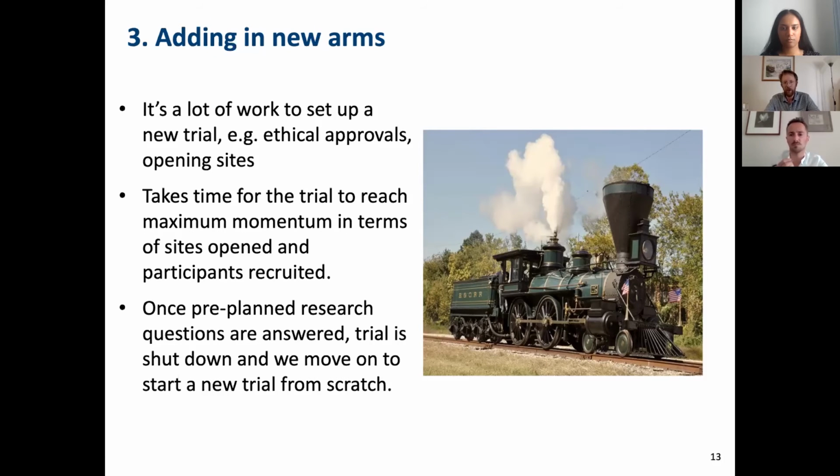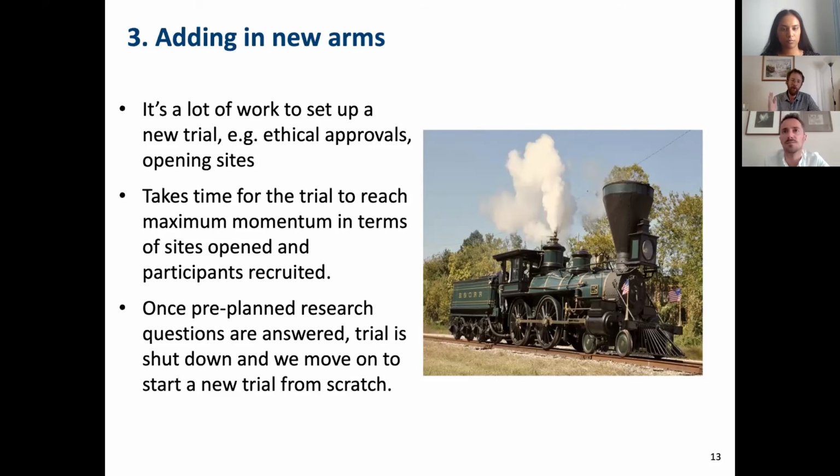And an analogy I heard from Max Parmar, who is a big name in platform trials, a statistician who's made a great contribution to making them acceptable for use in practice, is this idea of a steam train, a trial being like a steam train, where it's slow going at first as you're opening sites, but as you open more sites and you're getting things going, the recruitment rate goes up and you're reaching a maximum speed.